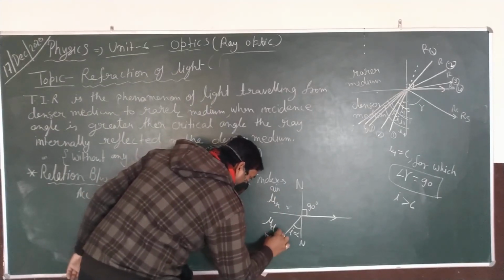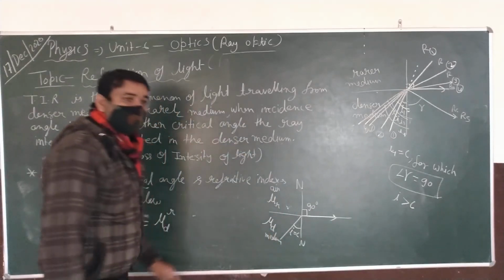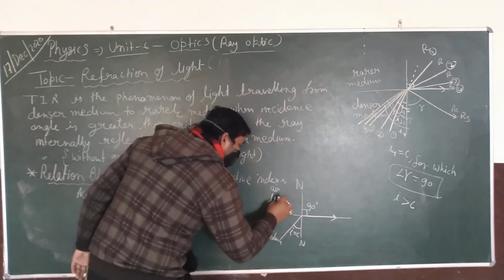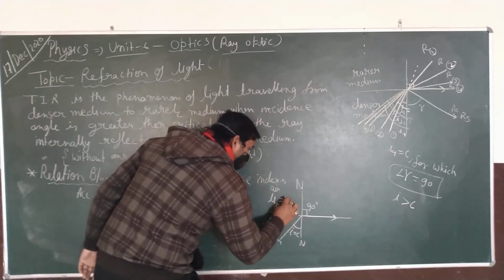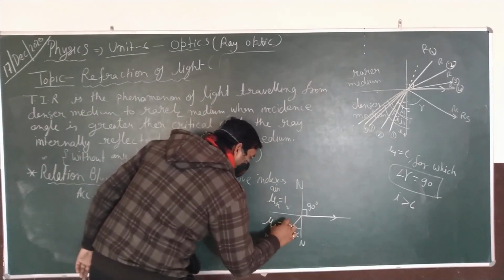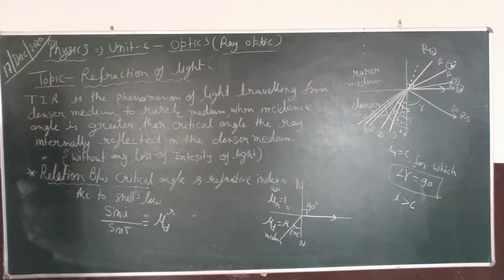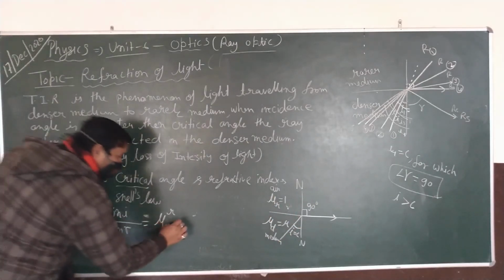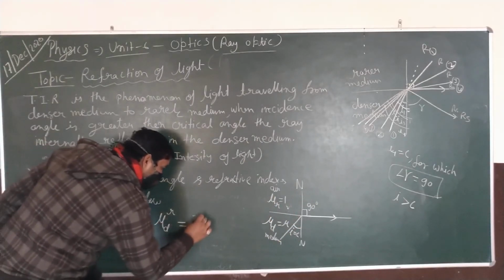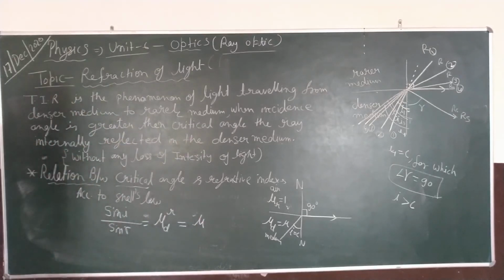Therefore, we are using mu r equal to 1 and mu d equal to mu, as we did in the apparatus earlier. So this result gives mu only.